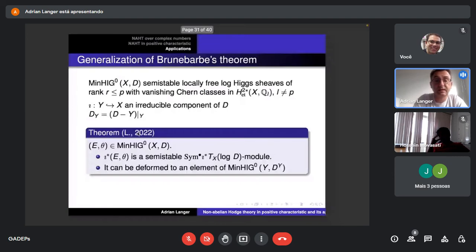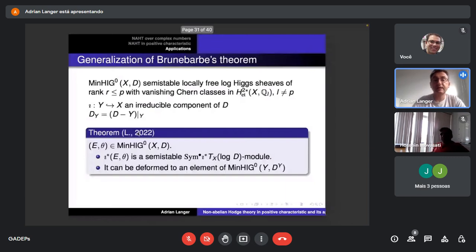sheaf like this, then you can restrict to this irreducible component, and this restriction is still semi-stable, but it is not a Higgs sheaf anymore.